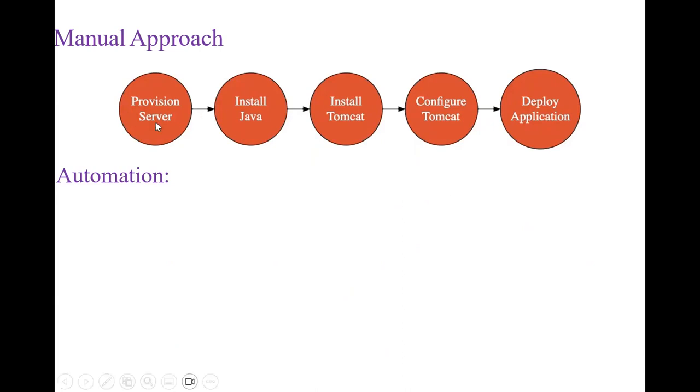The server contains storage, memory, CPU, that is the processor unit, and the operating system. Then if it is a Java-based application, we install Java, install the server, configure the server, and finally deploy the application. All these manual activities take time and effort.